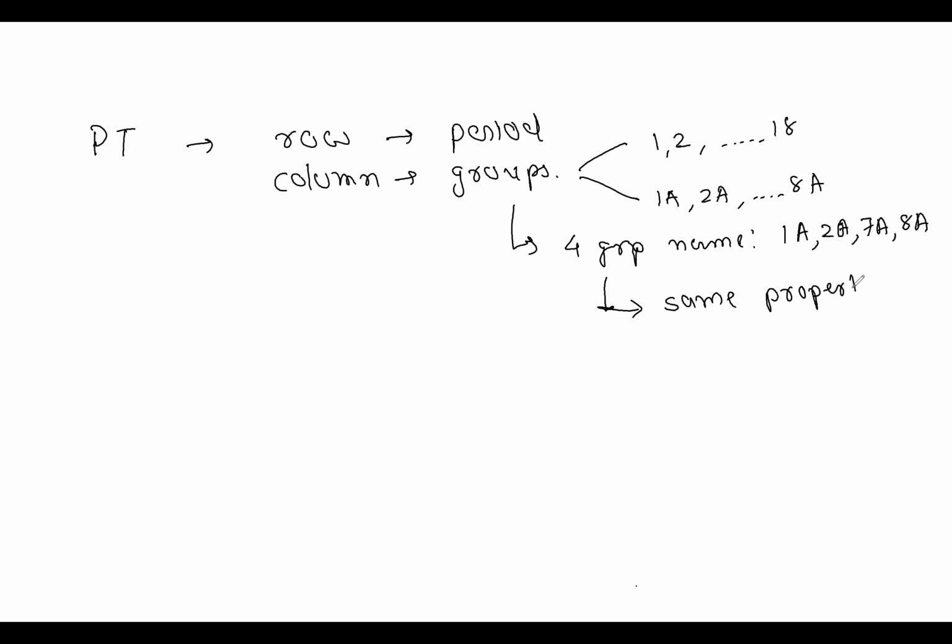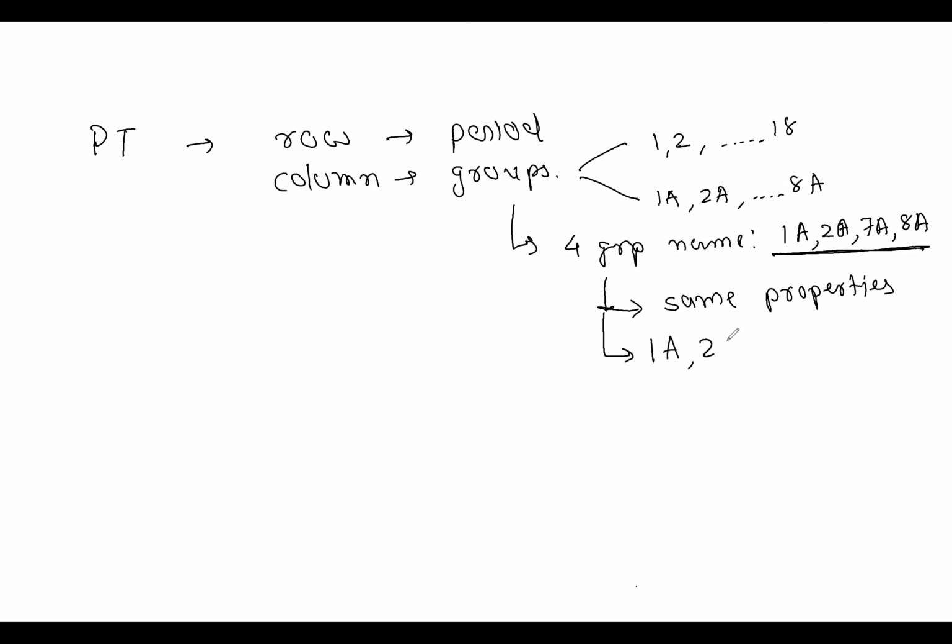We are not going to discuss more about properties, but just remember that the elements in the same group have similar properties. They behave or act similarly. The other information we can derive from the group number is the way we have this group number 1 to, in the format of A, right?